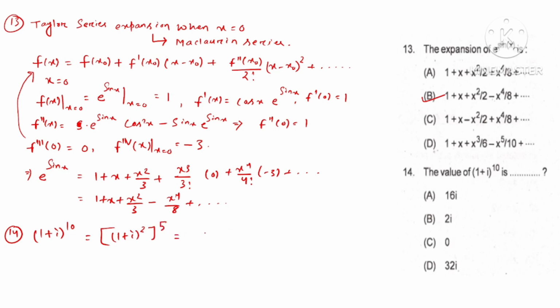You know the value of (1 plus i) square is 1 plus i square plus 2i, whole power fifth. i square is minus 1, so 1 and minus 1 get cancelled. This is (2i) whole power fifth. It is 2 to the power 5, which is 32, and i to the power 5, that is i power 4 into i, where i fourth is 1, so 32i. So this is the answer, right?